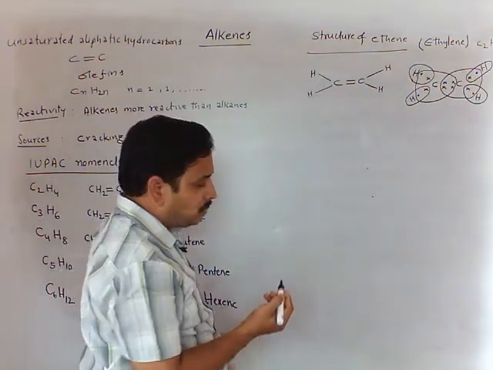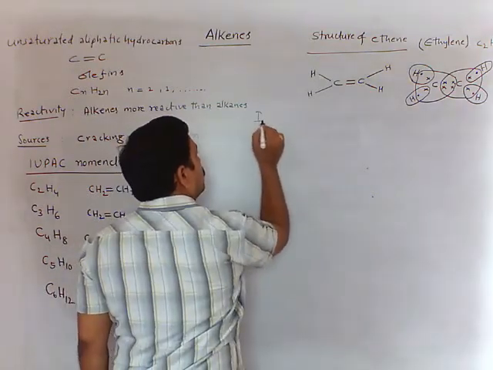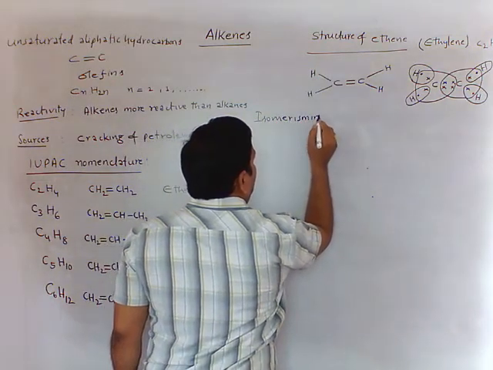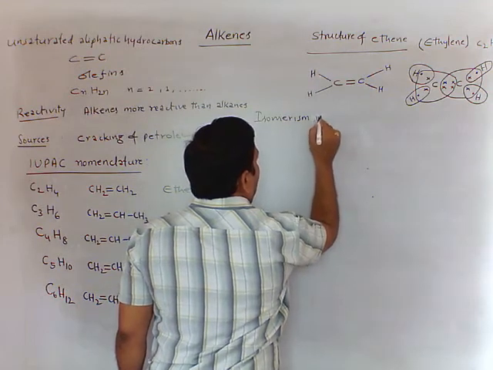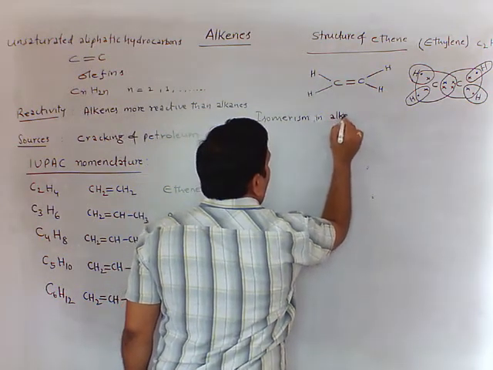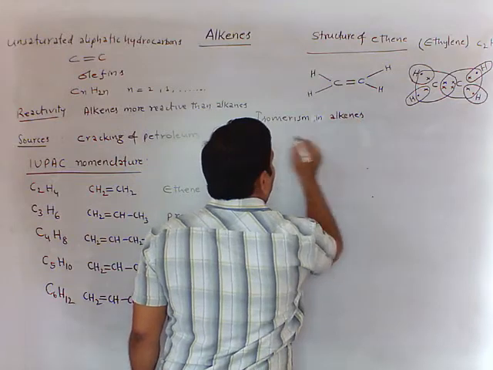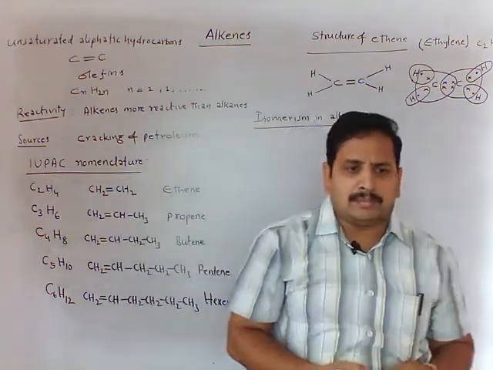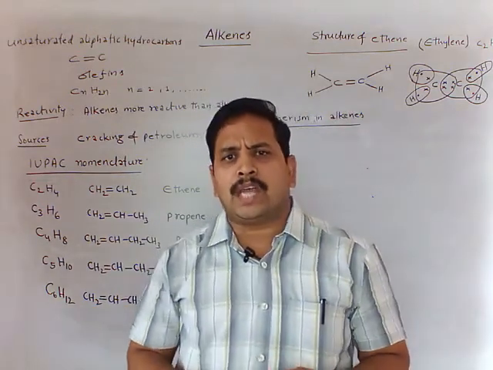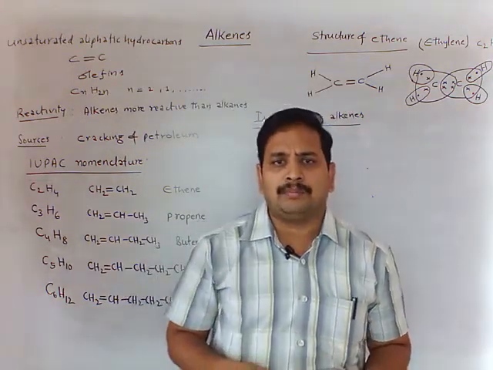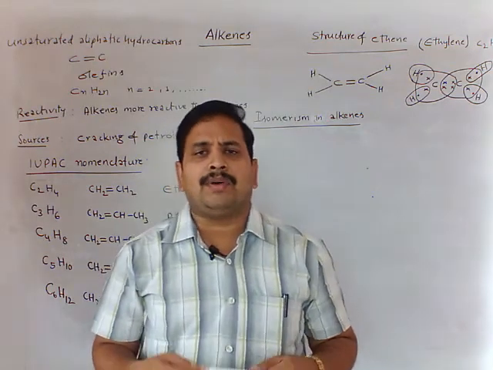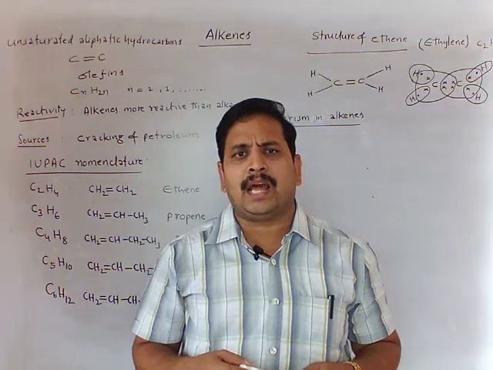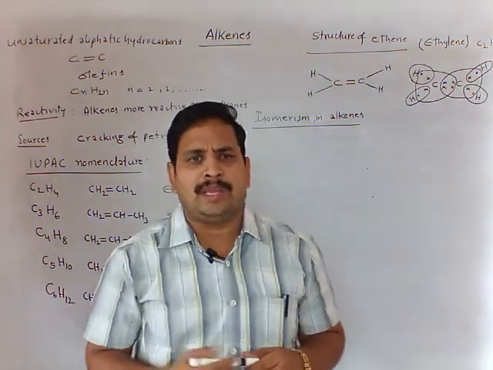Now, isomerism in alkenes. Isomerism: the compounds which have same molecular formula and possess different structures are called isomers, and this phenomenon is known as isomerism.